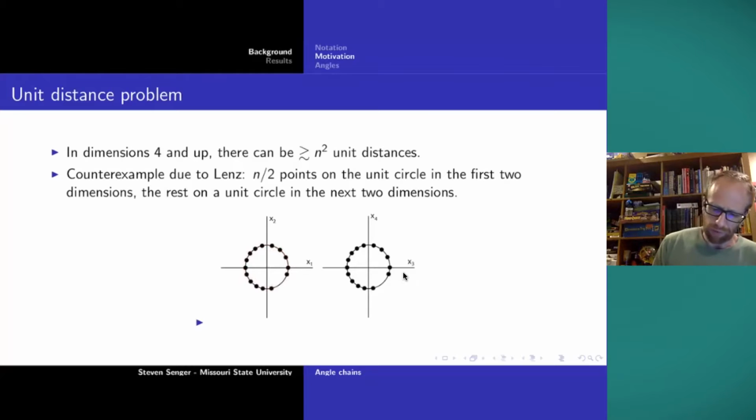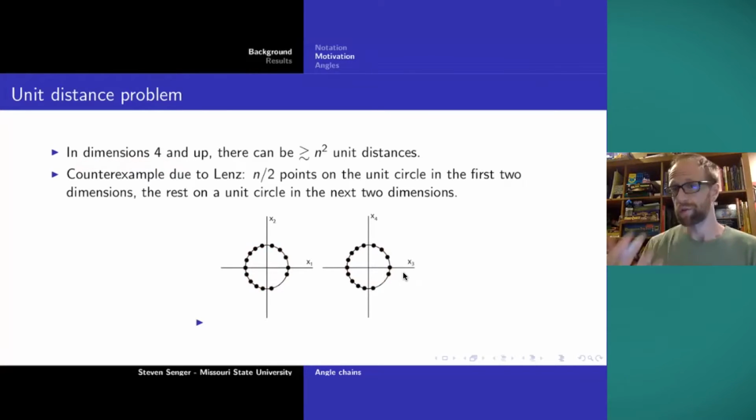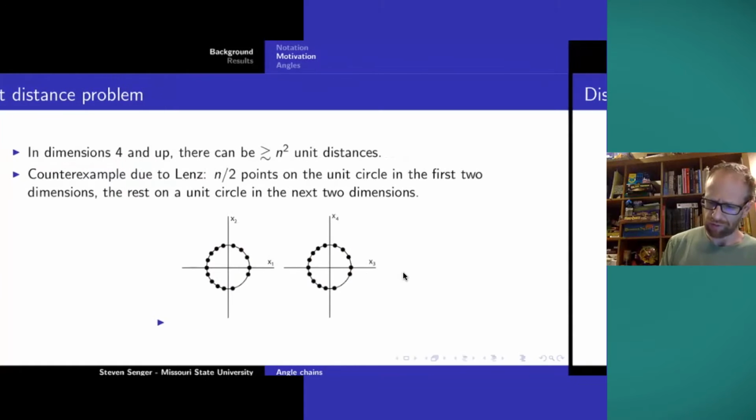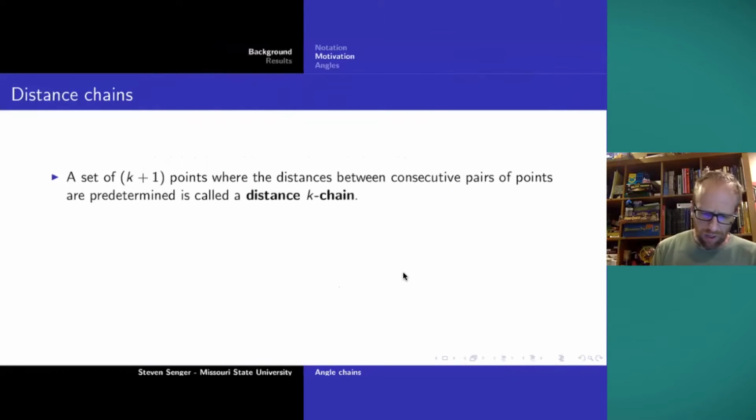So if we consider what this set is in 4 dimensions, it's kind of a 1-dimensional set. It could be parameterized with 1 variable, as opposed to, say, a full dimensional lattice. So that's a very rough thing, but I just want to say that it's not that the problem is trivial in dimensions 4 and up, but without further restrictions, this problem is trivial in dimensions 4 and up. And there are plenty of differences there. I just want to give you the rough idea.